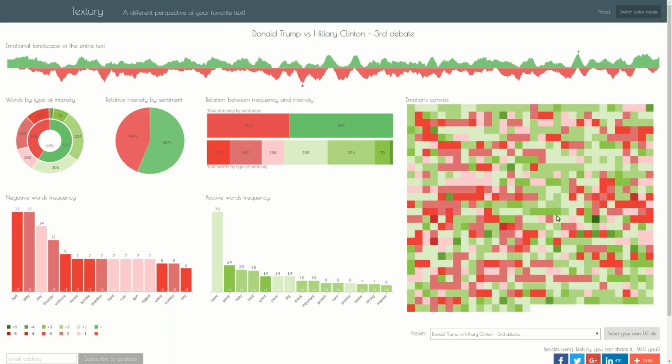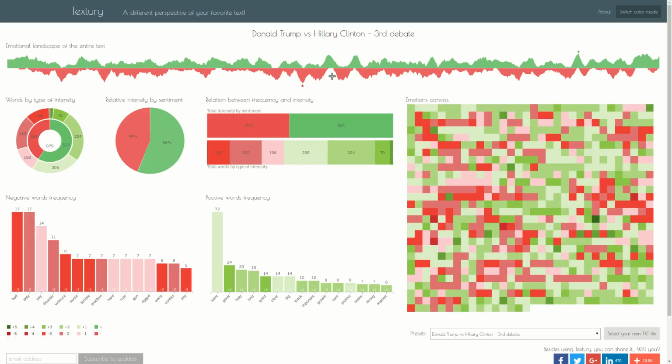The emotional canvas shows us that one of the strongest positive words is thrilled. And we can see that there are dark red squares, which are fraud, catastrophic, hell, and so on. And the emotions, the positive and negative, are spread throughout the whole text, the whole debate.